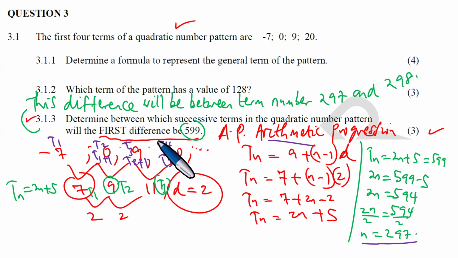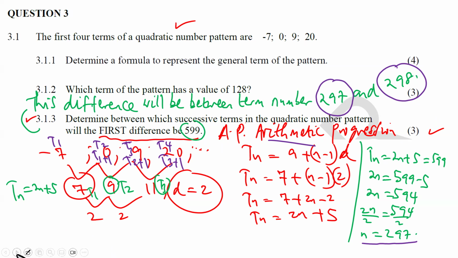Now we're dealing with the first differences, and there's a first difference that is 599. Since n is 297, it will be between term number 297 and term number 298. Hope you understand that.